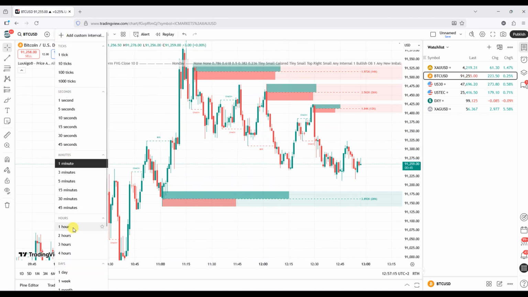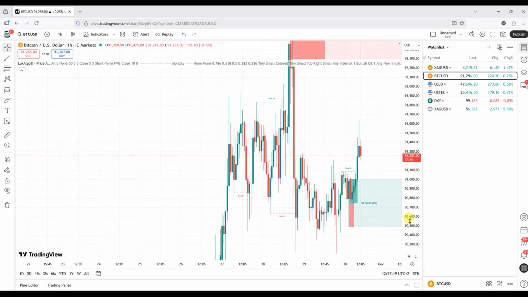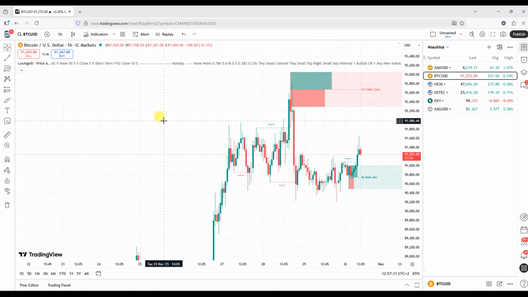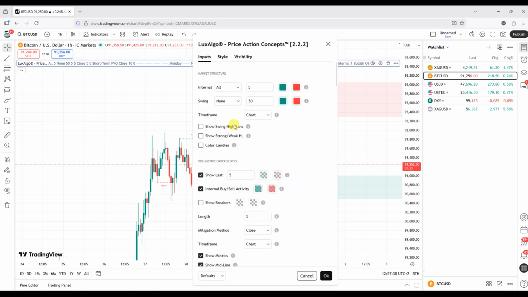Let's take it to an hourly time frame, and this is BTCUSD. You will get to see XAUUSD, BTCUSD, US30, US Tech, the dollar index, and of course silver versus the US dollar. We will click on settings, and we will check the options one by one.